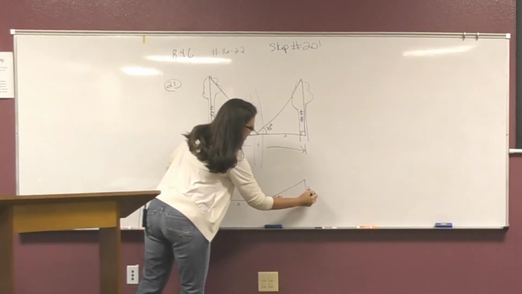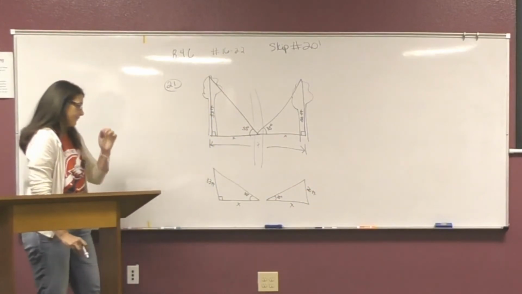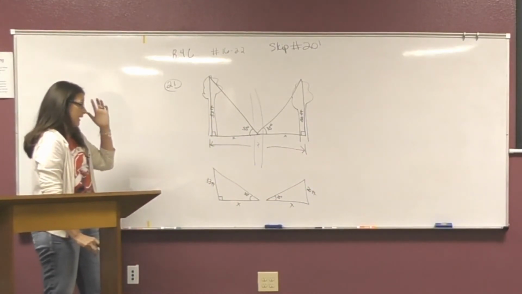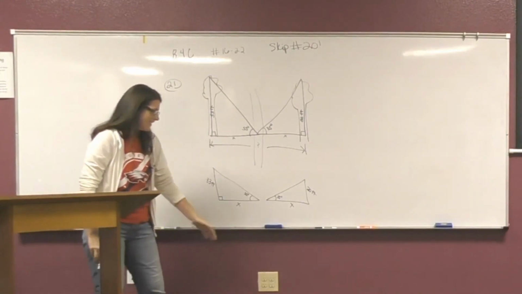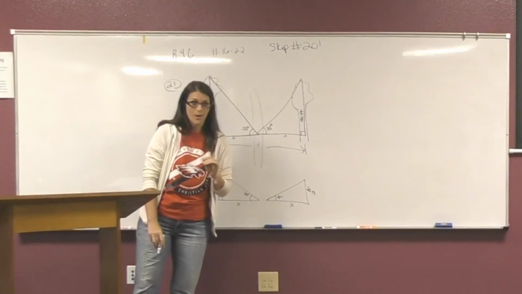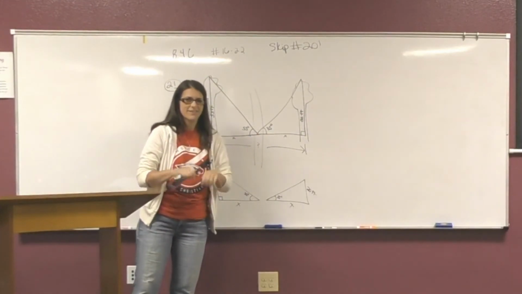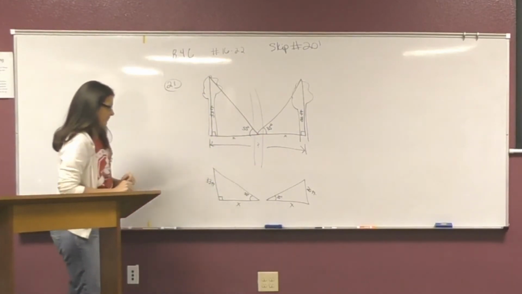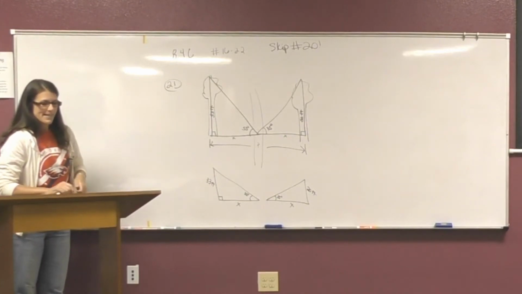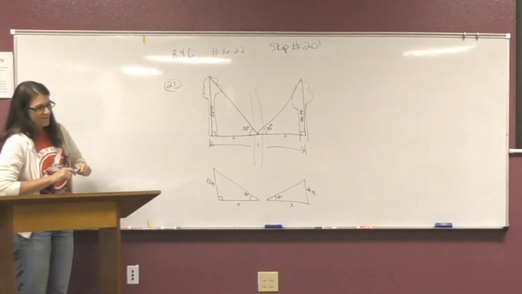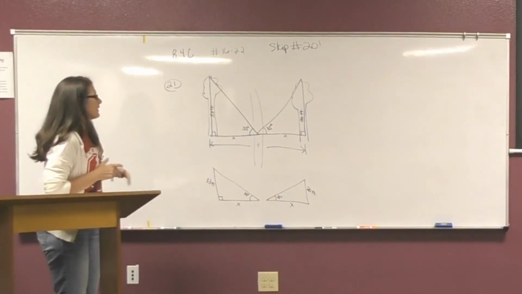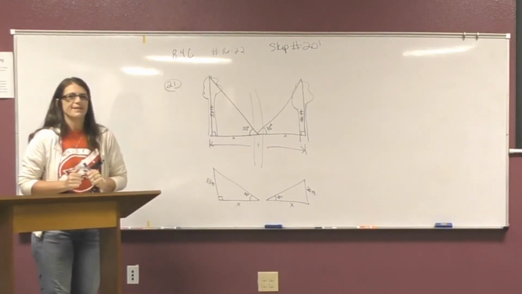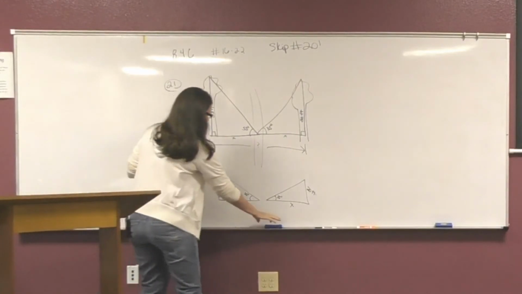This is my 20-foot tree. So all you got to do is find this number, do not round it, find this number, do not round it, add them together, and then you can round. Okay? Last one, maybe. Let's do 22, or at least get it set up, and then we'll see how much time we have left.